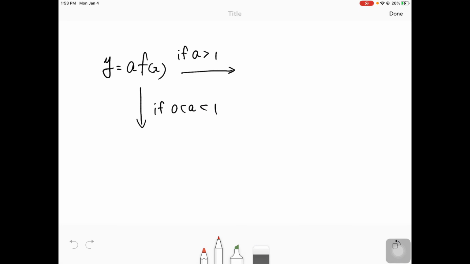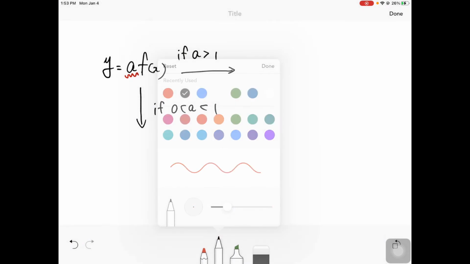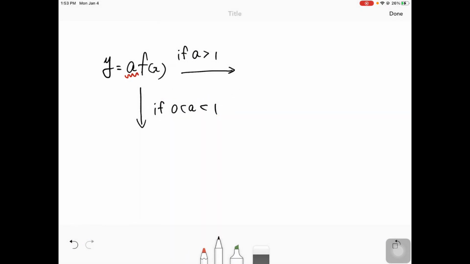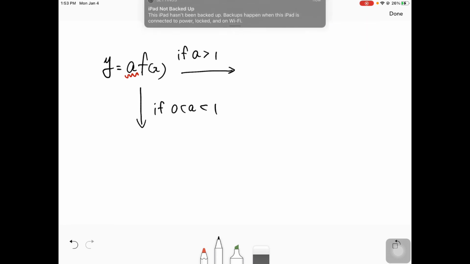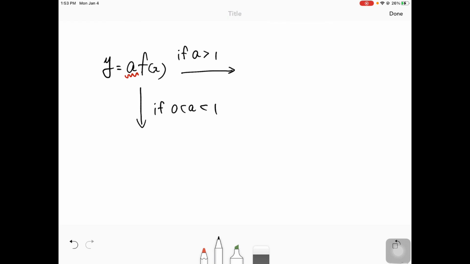Okay, then let me conclude. If there's a value a in front of f of x, it's going to be a vertical expansion or compression. Then, depending on the value of a, it can be expansion or compression. If the value of a is bigger than 1, it's going to be expansion by a factor of a.